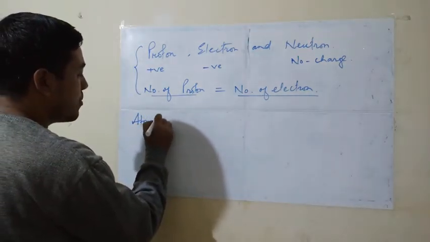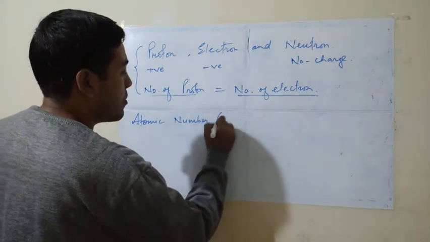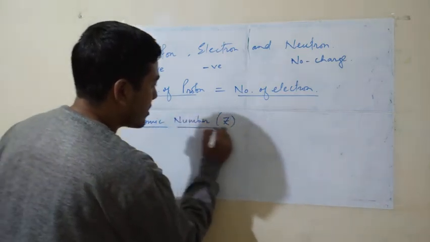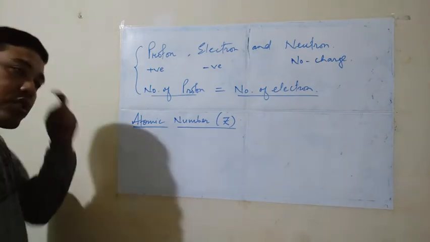What is the atomic number? Atomic number is denoted by the capital letter Z. Don't forget, atomic number is denoted by the capital letter Z. What is the atomic number?